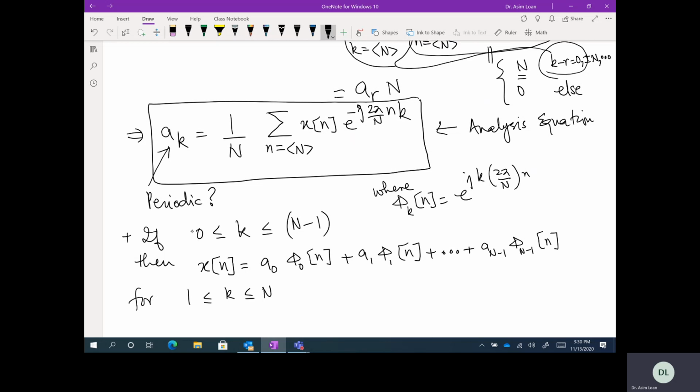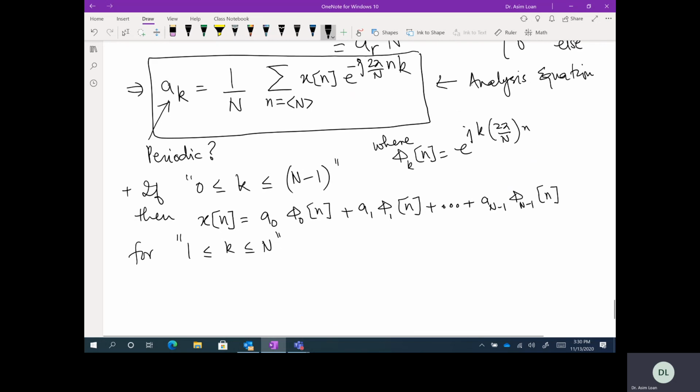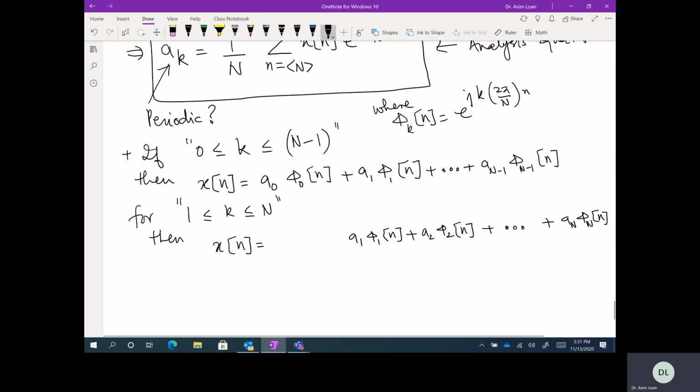So if I take different n values, I'll get x of n, the same x of n. This is equal to a1 phi 1 of n plus a2 phi 2 of n plus up to an phi n of n, right?